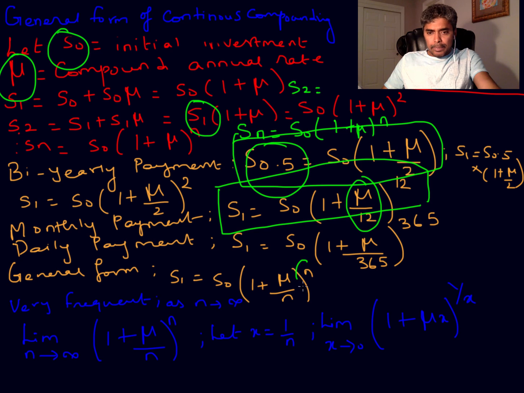So let us say this n is a very large number, which means we are getting a large number of installments of payment in 1 year. What the general form of it is, is the objective of this video. So let's say n tends to infinity, so then we can apply the limit.